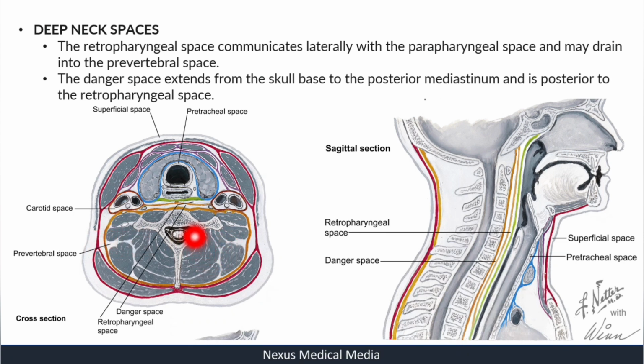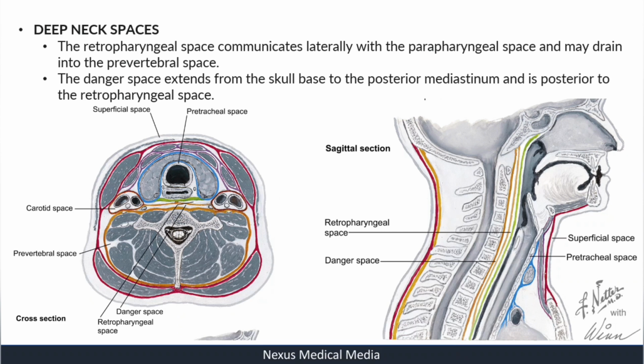You can see it here, just behind the alar fascia. The alar fascia is here in green. That's the alar fascia, and this is the danger space. Again, just behind it, you find the retropharyngeal space.